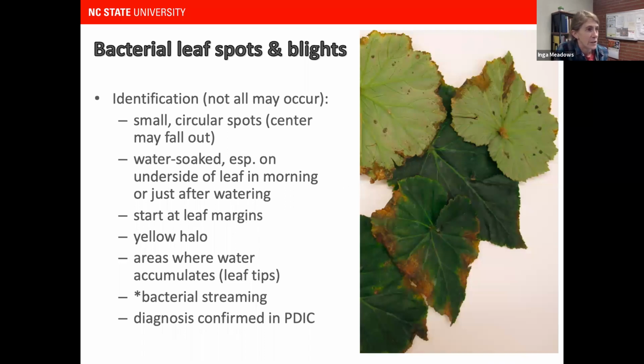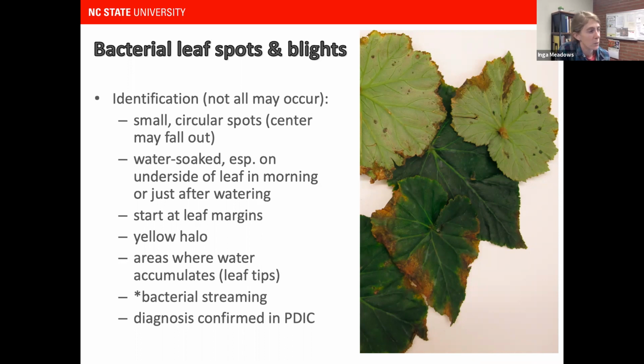So identification can be really tricky, and in general, it's not always easy to tell the difference between the bacterial leaf spots and fungal leaf spots. Even a pathologist can have a hard time telling the difference. But I have pointed out some tips here just to sort of help you navigate. And not all of these symptoms may occur.